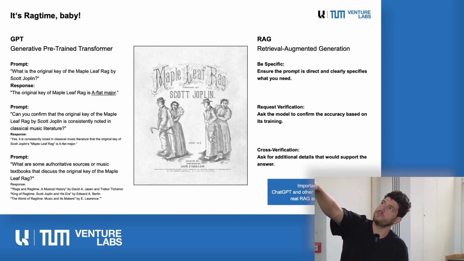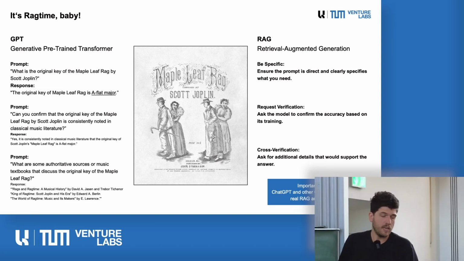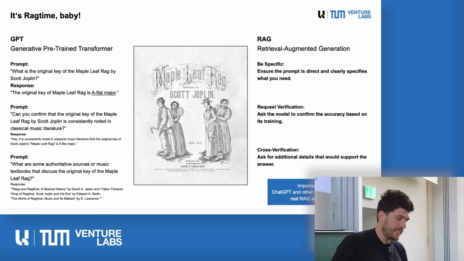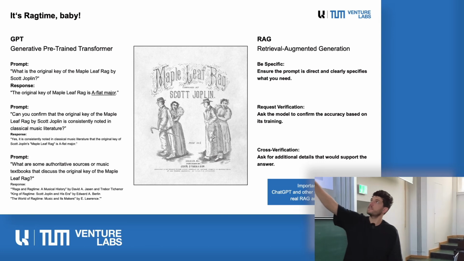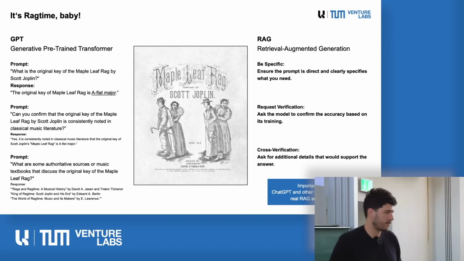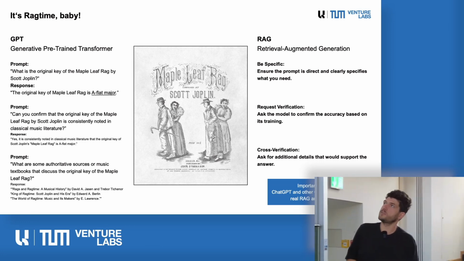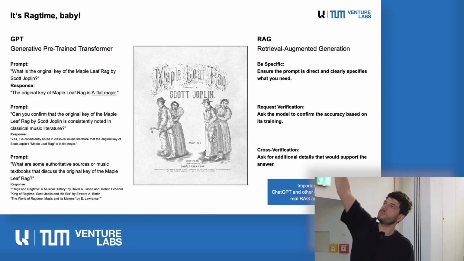You say, can you confirm that the original key of the Maple Leaf Rag by Scott Joplin is consistently noted in classical music literature? When you do that, it will throw out several sources that say yes, everything of this is pointing in the right direction. And if it's not, then you probably retrieved the wrong information and you can go back to step one.